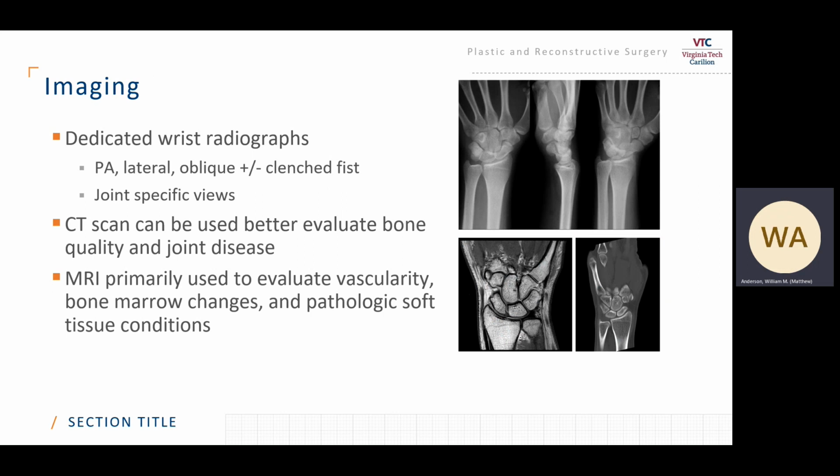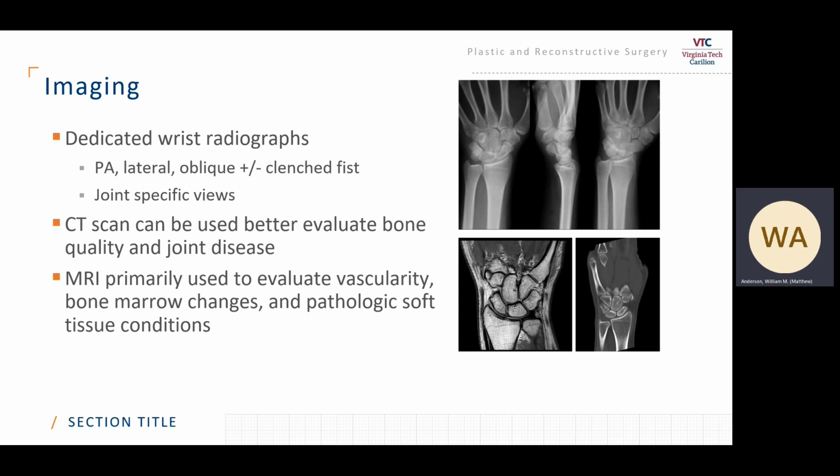So imaging in wrist arthritis really hinges on dedicated wrist radiographs. These include a PA, lateral, and oblique, sometimes also a clenched fist view. There are specific joint views that are available based on the joint in question.